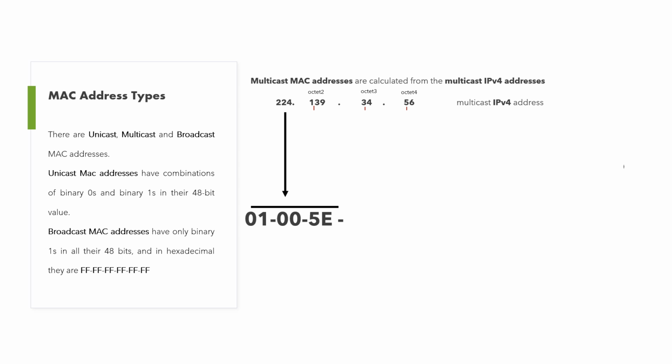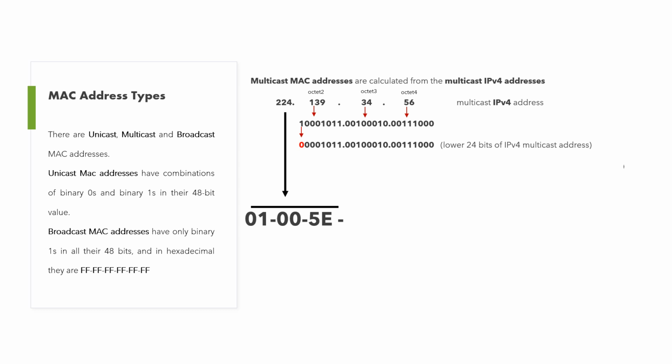In order to come up with the last 6 hexadecimal digits of the multicast MAC address, we are going to convert octet 2, octet 3, and octet 4 of the IPv4 address into its binary equivalent. Then we are going to flip the 24th bit to a 0.